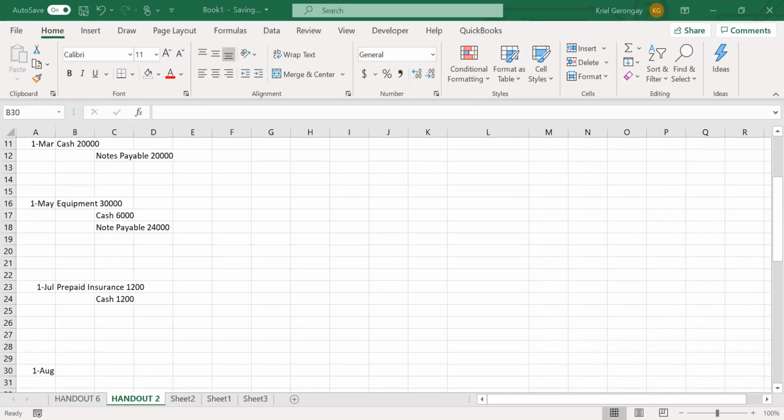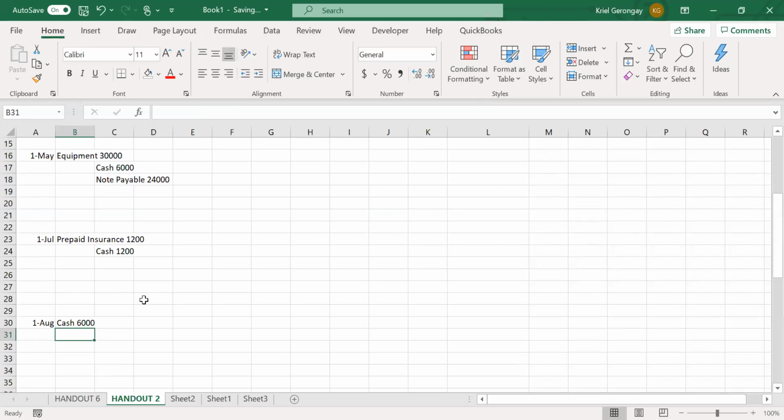You sold land, so you gain $6,000 in cash initially because they only paid $6,000, and then the remainder, wait, hold on a second. Oh yeah, right, they signed a 1-year note for the balance, so that would be notes receivable.